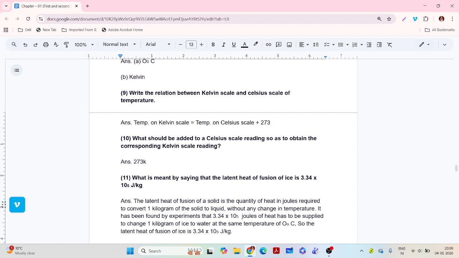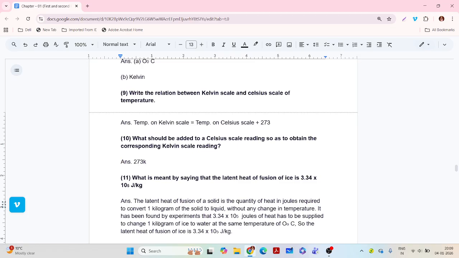The latent heat of fusion of a solid is the quantity of heat in joules required to convert 1 kg of solid into liquid without any change in the temperature. Latent heat of fusion means the amount of heat energy required to convert 1 kg of solid into liquid at the melting point.